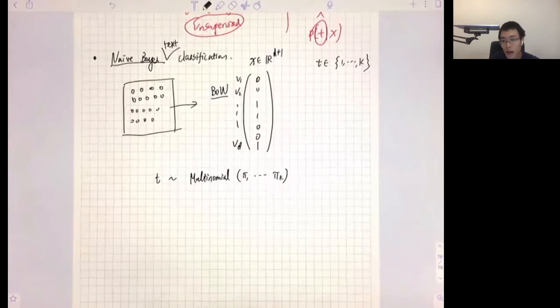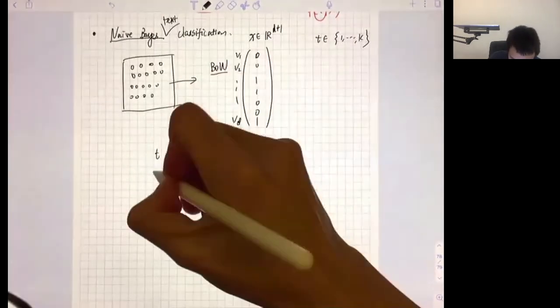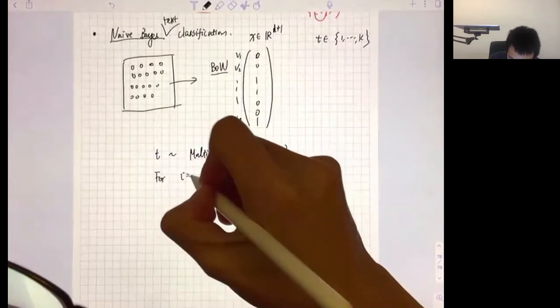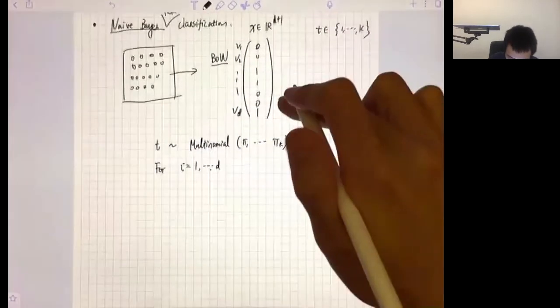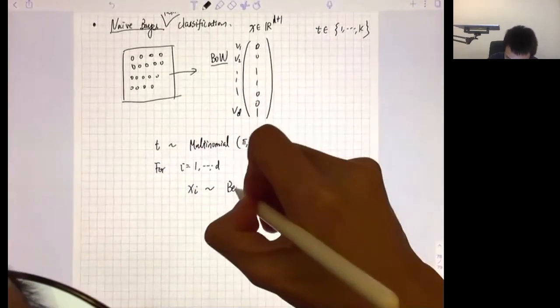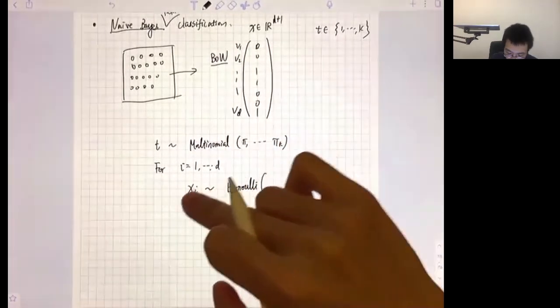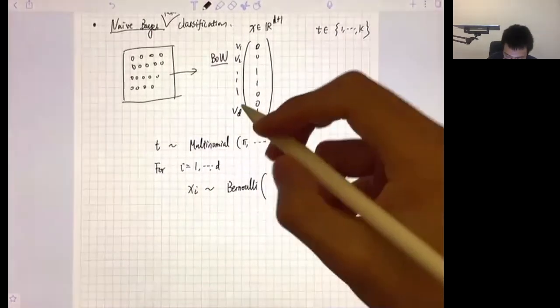If you approximate it by a Gaussian, it doesn't give you good results. So for i from 1 up to D, for every word, I will generate xi from a Bernoulli distribution, indicating the chance that this word occurs with that category.